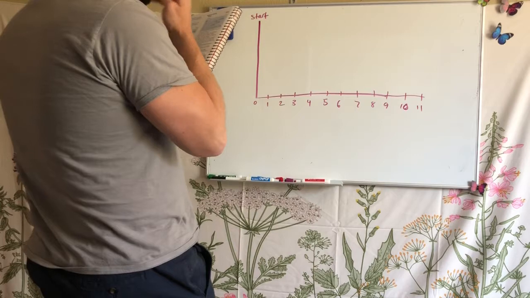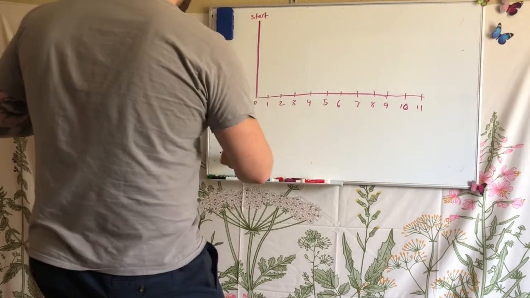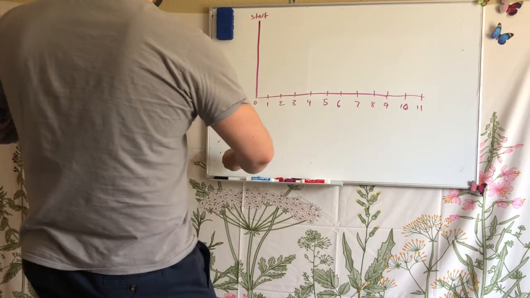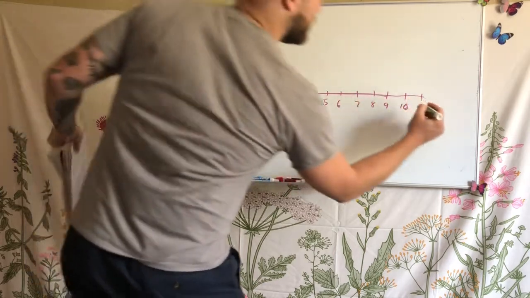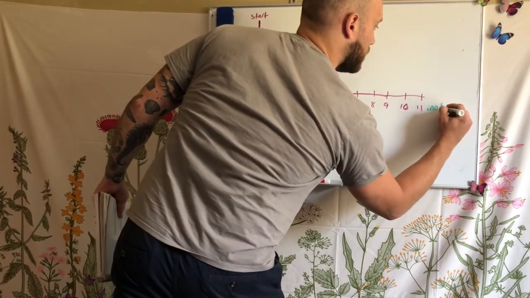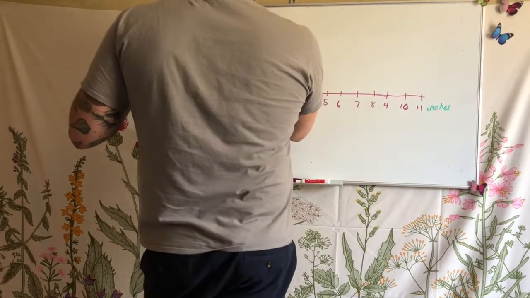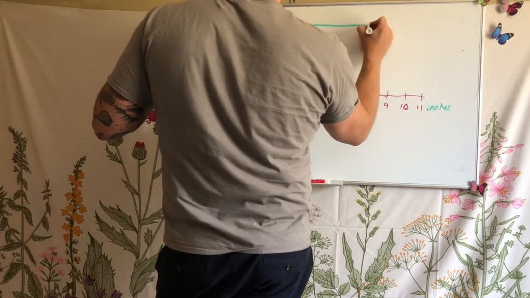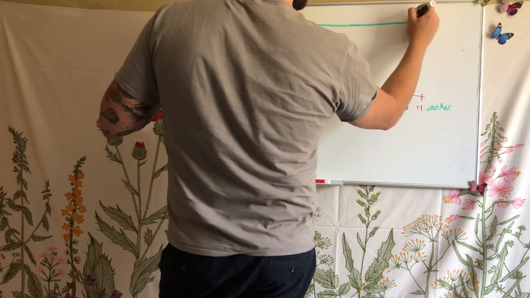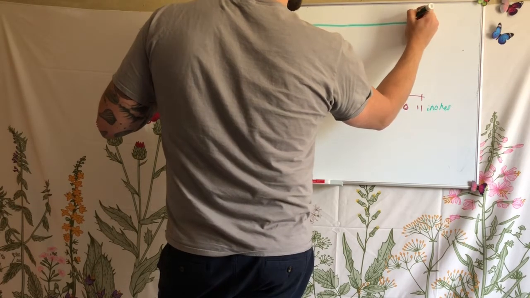All right. Color coordinate this. So this is going to be inches. And so this is going to go to 10. I'm going to draw a little ant here.